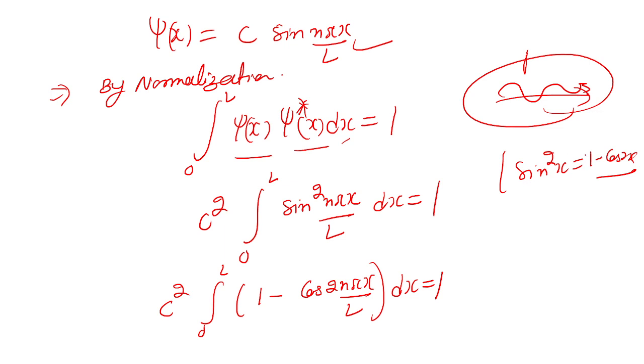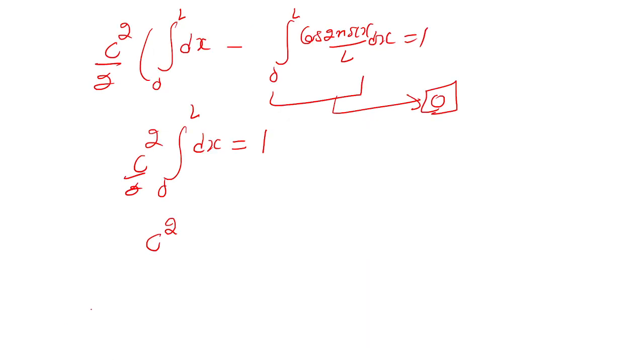Sine square x is equal to 1 over 2 times 1 minus cos 2x, that's why we get the 2 here. Now doing this further, we get only L because the second term is 0, so c square is equal to 2 over L.